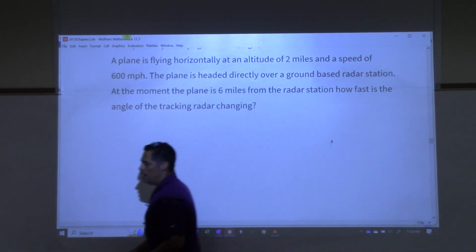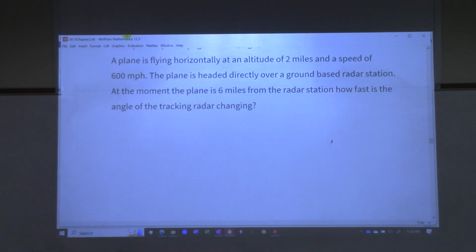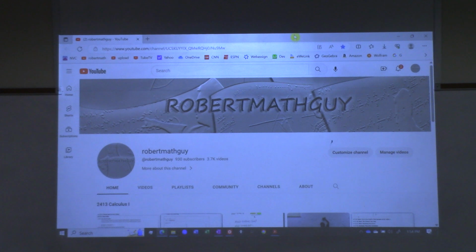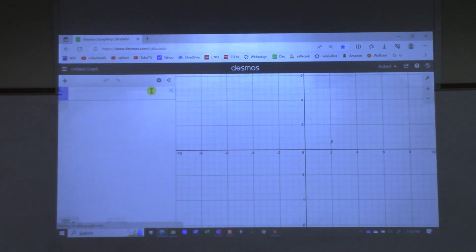All right, I'm going to do this one by drawing a picture on Desmos first. I think in Desmos you have to put arctan x. Maybe not. Okay. Oh, ARC, yes.